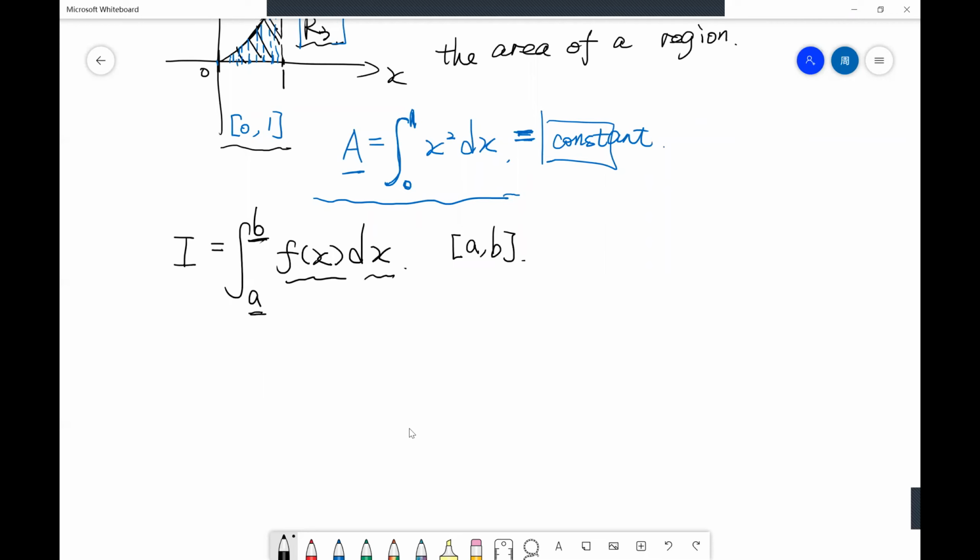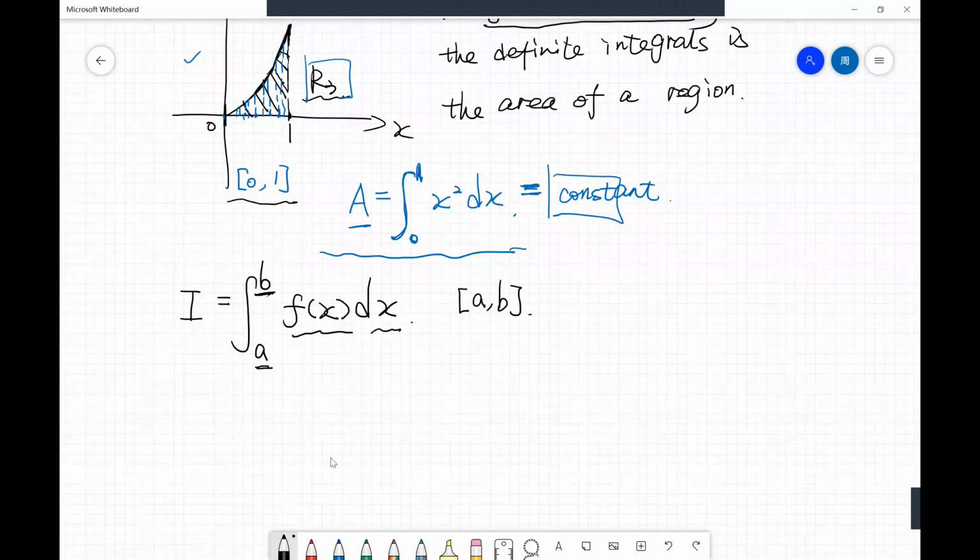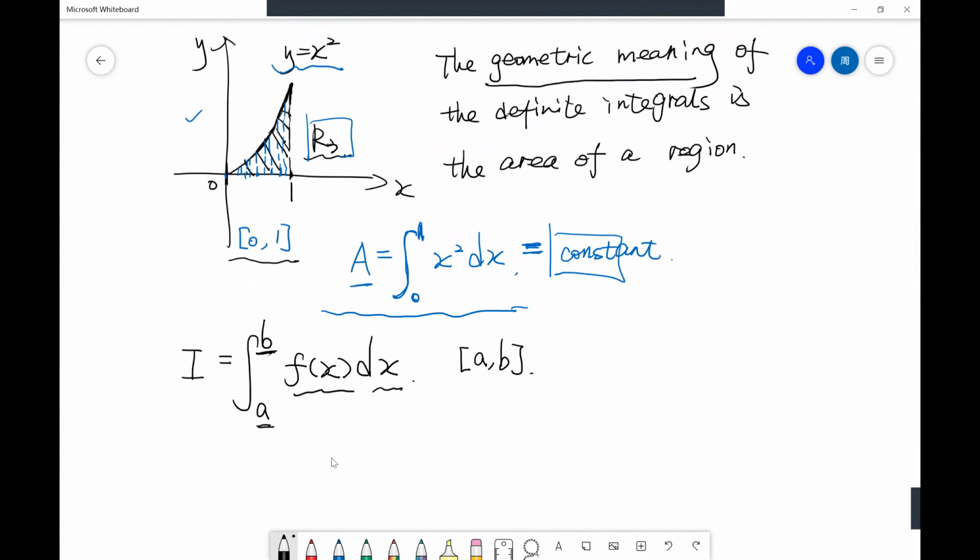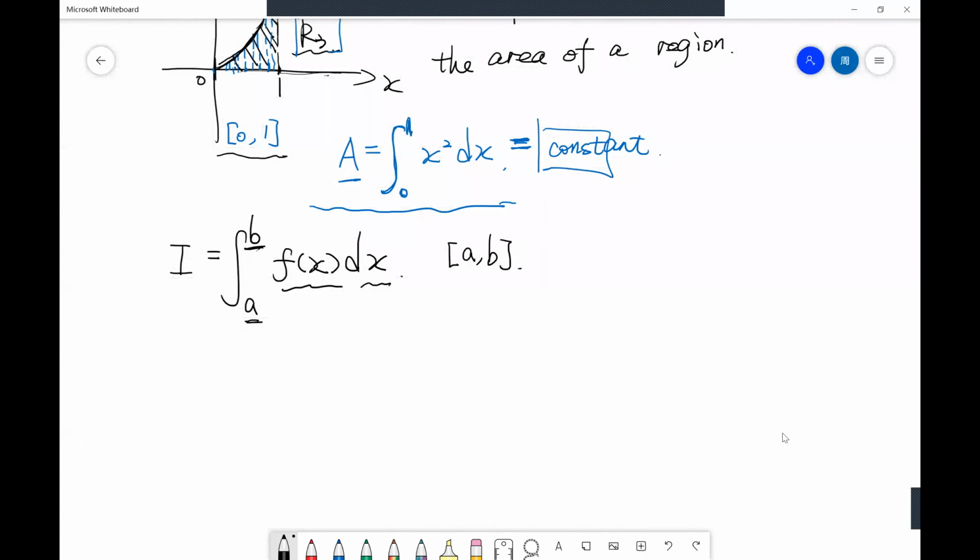If the function f(x) is above the x-axis here. Because if it is below the x-axis, I will draw here. If the function that is here, as you can see, that is below the x-axis here.